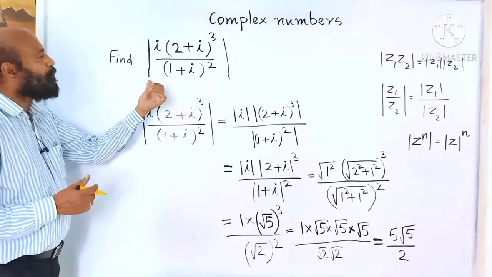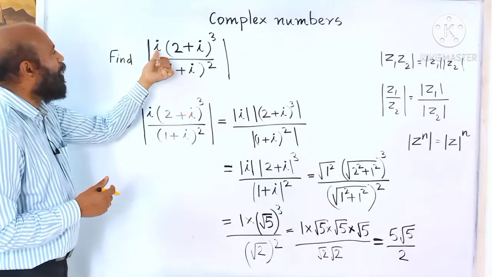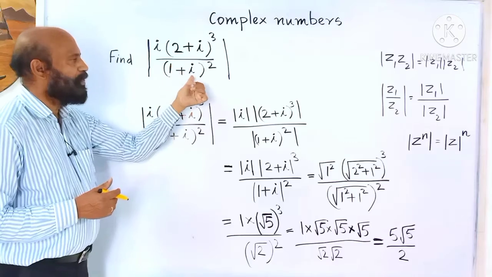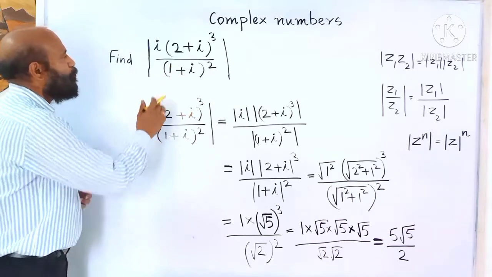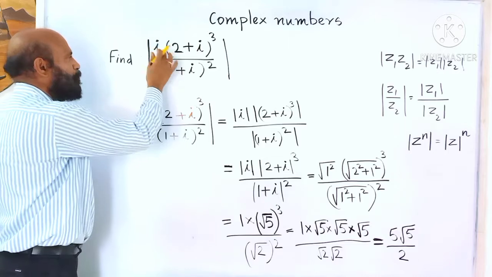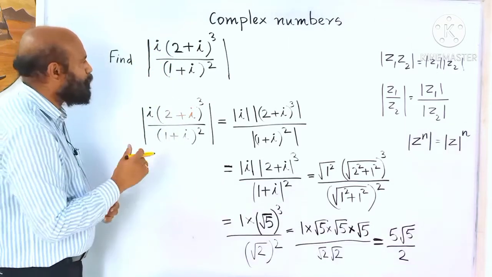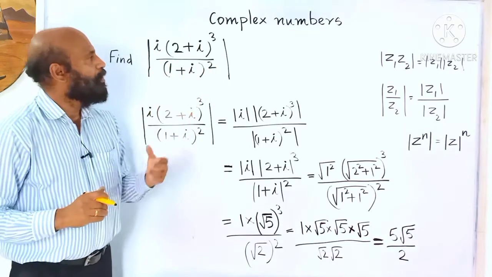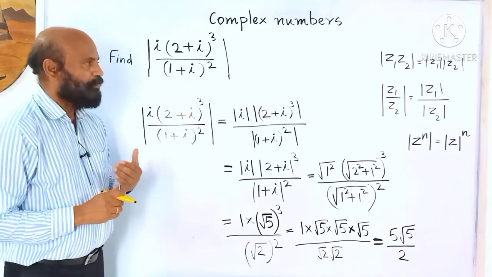We have to find the modulus of i into (2 + i) cube divided by (1 + i) square. If you are first finding the cube of this, then multiplying by i, after that dividing by (1 + i) square, it is going to be difficult.